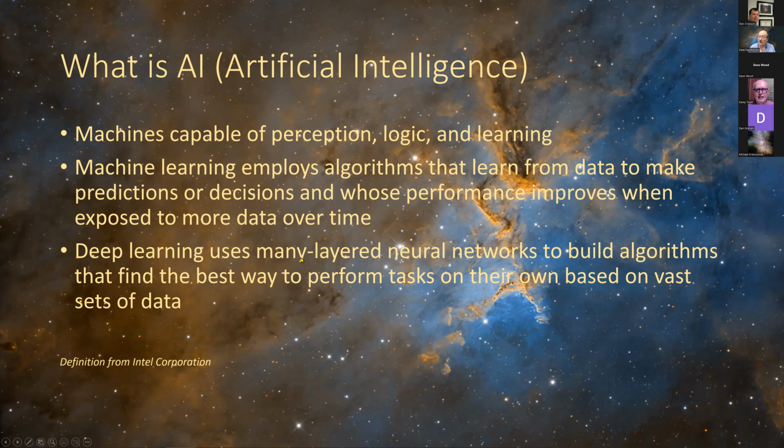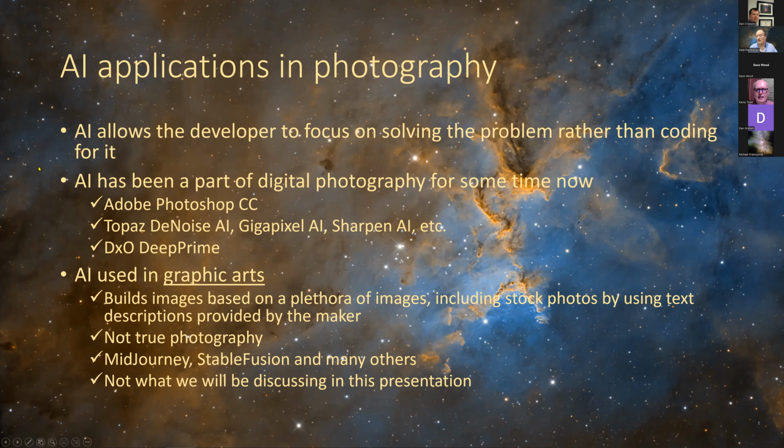And deep learning uses many layered neural networks to build algorithms and can find the best way to perform the task on their own based upon vast sets of data. And the larger the data set, the more improved the processing can be. Now, in photography, there have been many examples of AI, and it allows the developer to focus on solving the problem rather than coding for it.